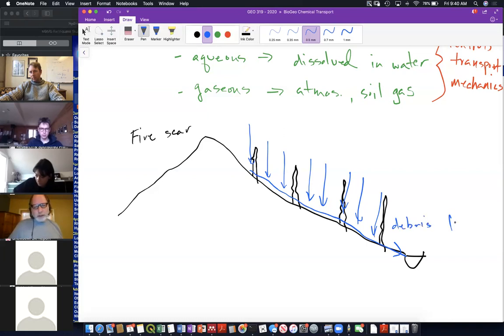Do we know why it becomes hydrophobic? Yeah, the heat changes the chemistry of the organic material in the organic layer of the soil.